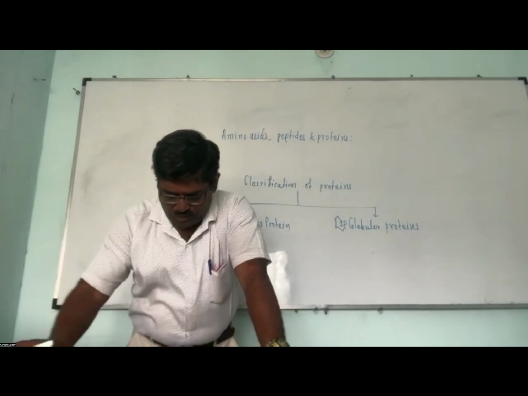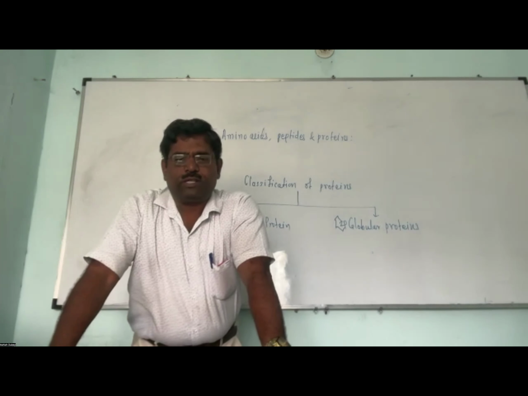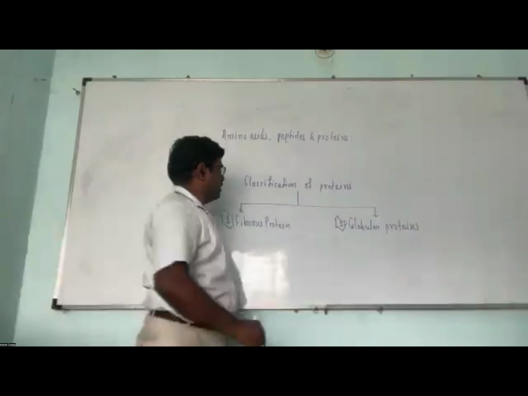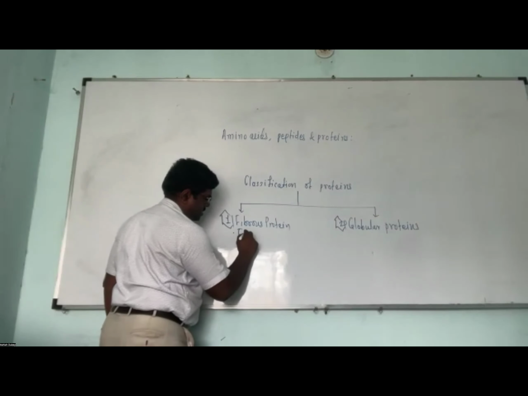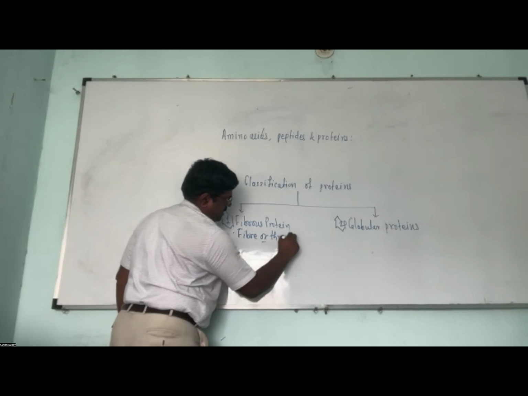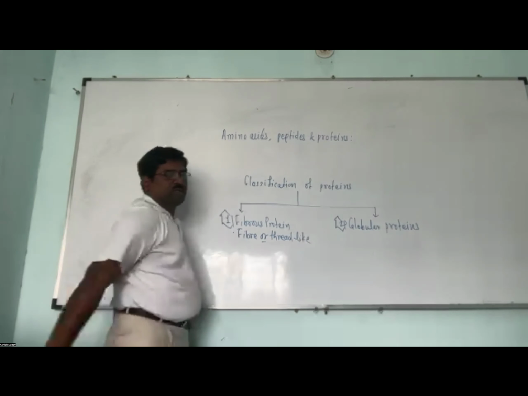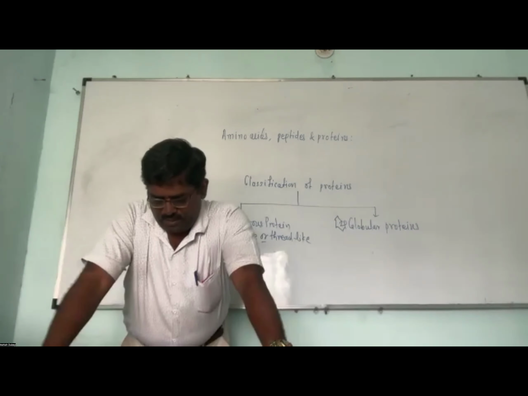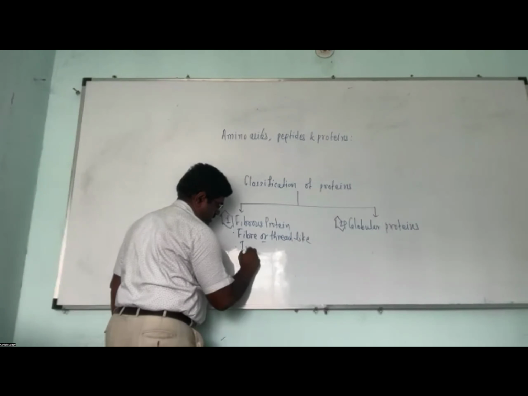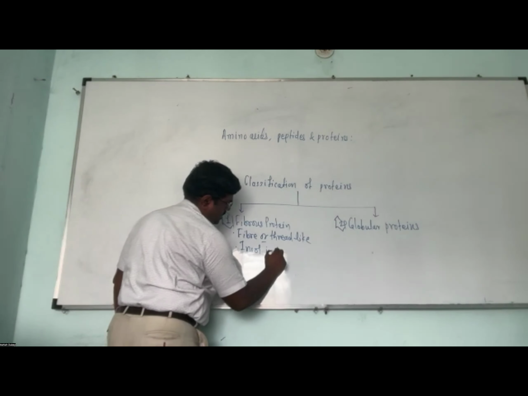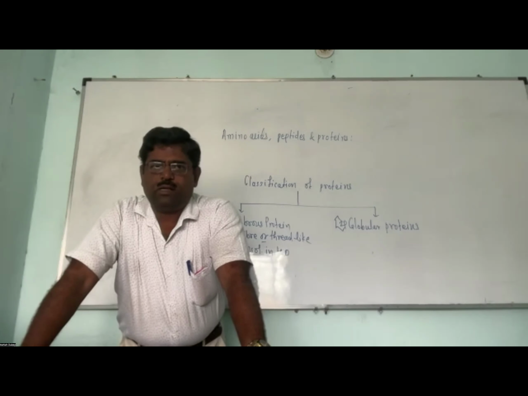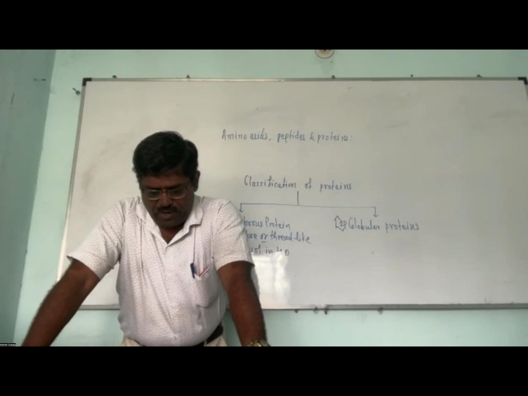Now, what are fibrous proteins? They are fiber-like or thread-like. They are generally insoluble in water. Now, protein chains, they are linear polypeptide chains held together by hydrogen bonds and disulfide bonds.